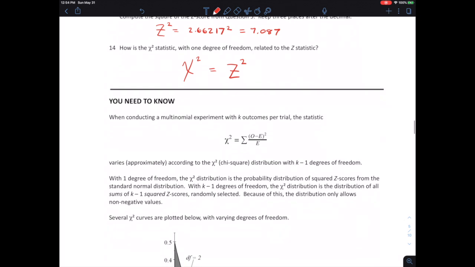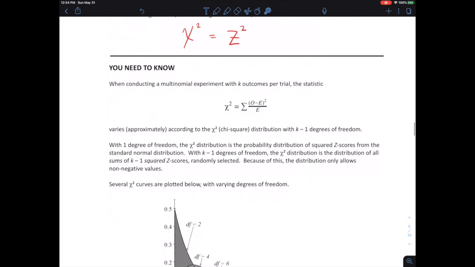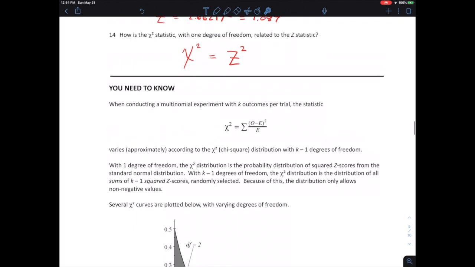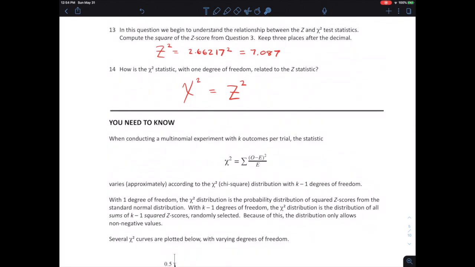All right, let's go ahead and read the you need to know. This one's a little tough. By the way, I should mention that when there are 2 outcomes, this is a binomial experiment, meaning the kids either have asthma or they don't. That's a success or a failure. 2 outcomes of the categorical variable.